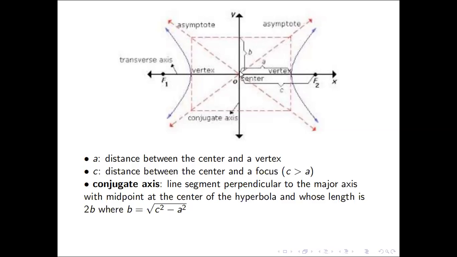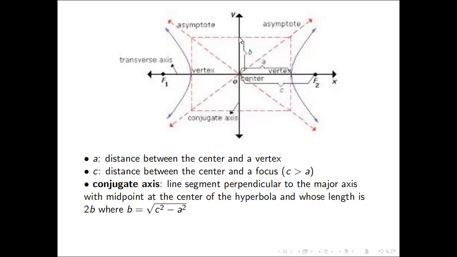This is b, this is b, just like the minor axis of the ellipse, whose length is 2b. But here, b is defined to be the square root of c squared minus a squared. Its midpoint is also the center of the hyperbola, and it's perpendicular to the transverse axis. Okay, so this is the conjugate axis.